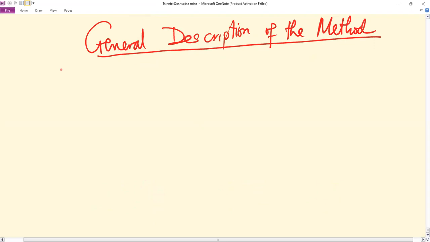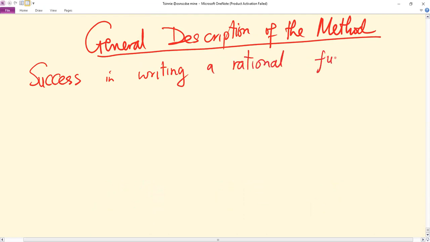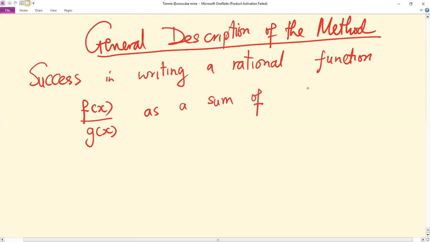One thing you have to remember is that success in writing a rational function f of x over g of x as a sum of partial fractions depends on two things.